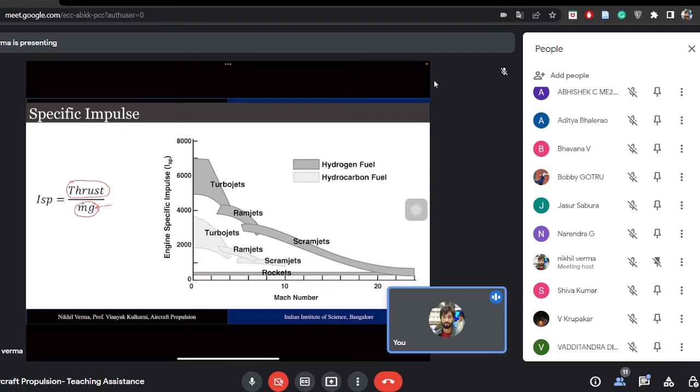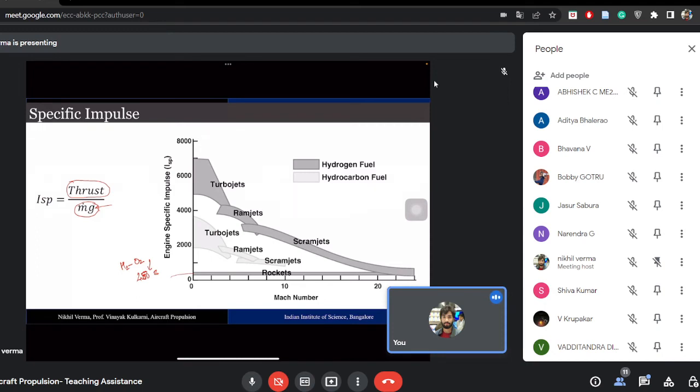This is one of the graphs which classifies air breathing and non-air breathing engines. For rocket engines the specific impulse is very low. For a hydrogen oxygen system, you have nearly about 450 seconds.